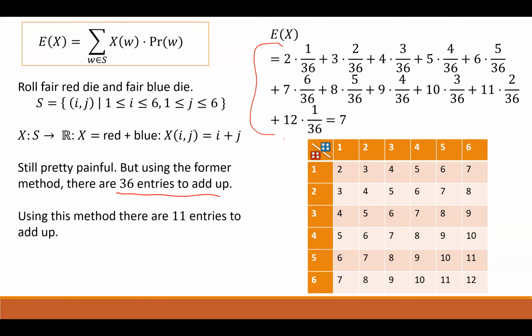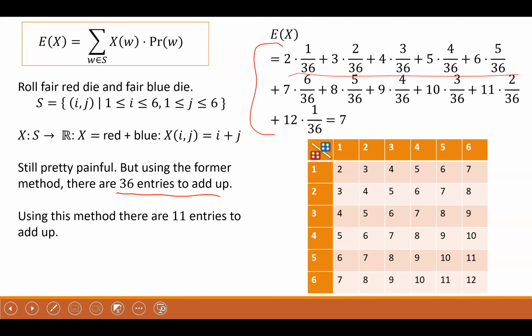So the idea is now we want to look at a third solution where we don't even need to compute barely anything. We're going to do one addition and we'll be done. That's called linearity of expectation. It is far, far easier than anything we've seen, but we're not going to see it this week. We'll look at it next week.